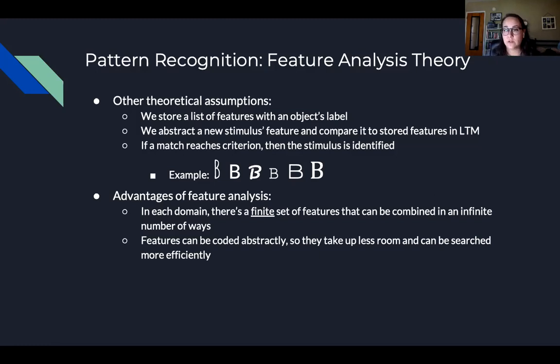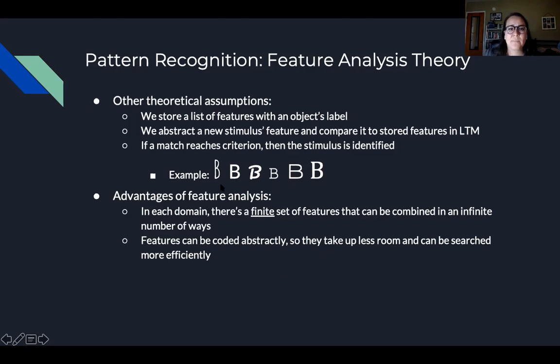And then when we encounter a possible instance of that stimulus, the features are gathered and compared to the feature lists that are stored in our memory. And similar to the theories that we've talked about before, again, we would need some sort of criterion, some sort of benchmark for matching. But then the label for that feature list would be activated, and then the letter in this instance would be identified.